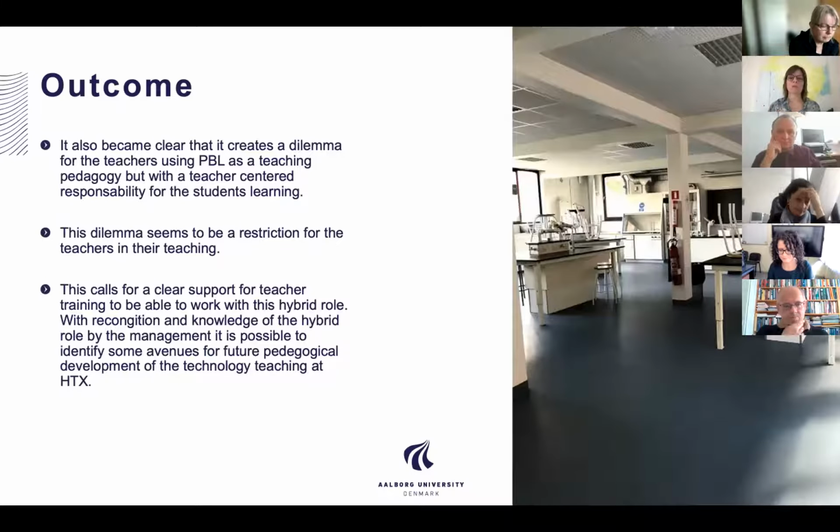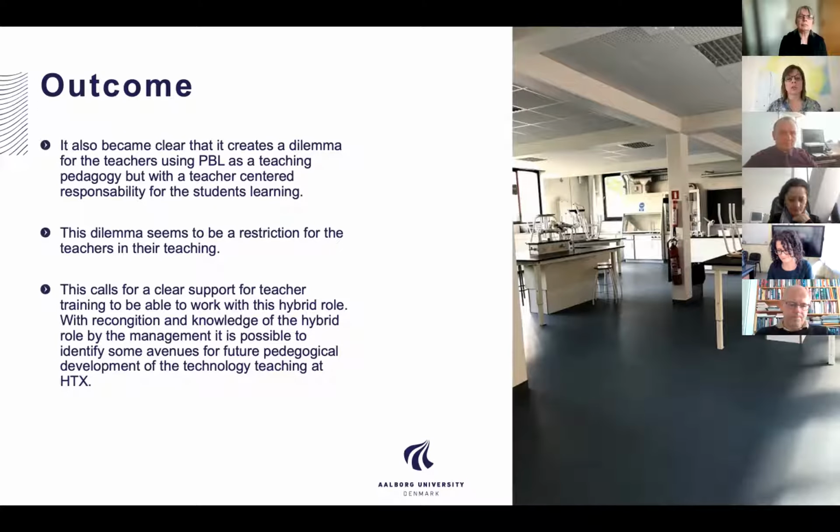And it also became very clear doing these observations and interviews that it creates a dilemma for the teachers when using PBL as a teaching pedagogy, because they have to use that and at the same time have a very teacher-centered responsibility for the students' learning. And this dilemma seems to have some restrictions to the teachers when they teach.